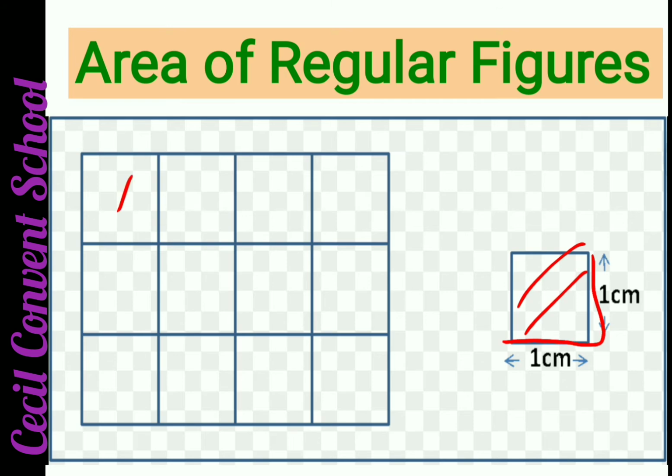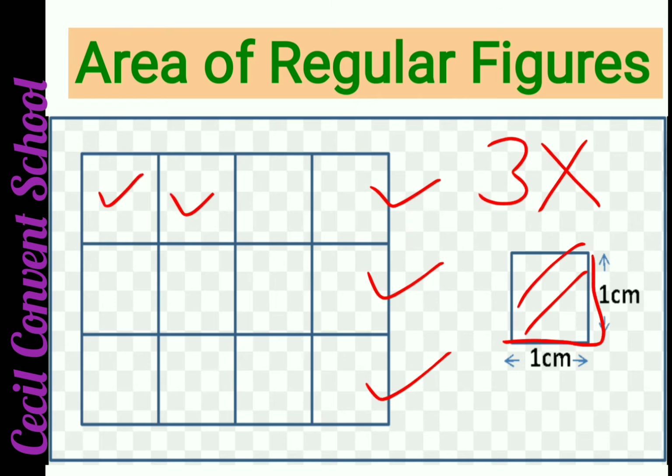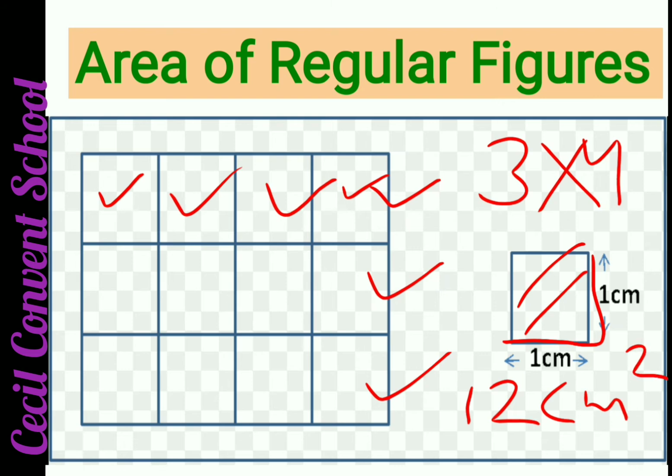So instead of adding all this, what we have to do is count the boxes. 1, 2, 3. Vertically it has 3 boxes, and if you count horizontally, 1, 2, 3, 4, it will be 4. So your answer will be 12 centimeter square. You can put the square unit like this also, and 12 square centimeter is also correct.